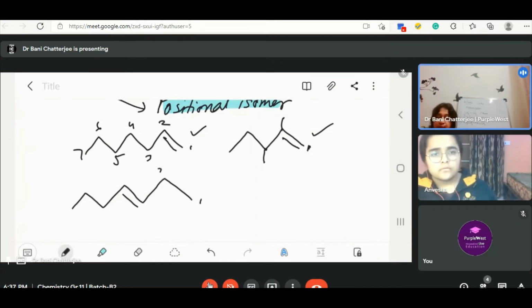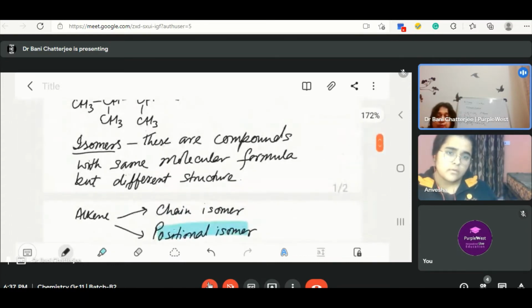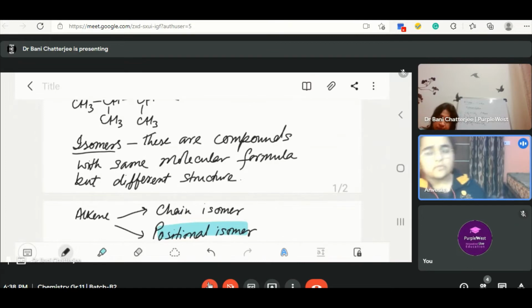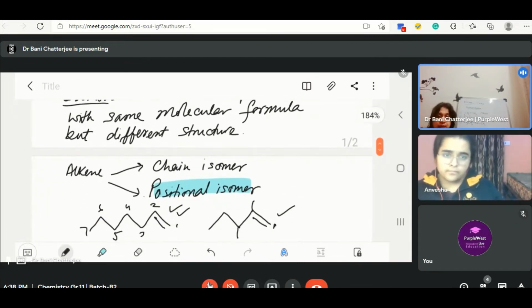So this is going to be hept-3-ene, and the earlier one is hept-1-ene. So the position of the double bond is only changing. So these are chain isomer and positional isomer. So what are isomers? The compounds which have the same molecular formula but different structure are known as isomers. So in alkenes they are of two types, chain and position.